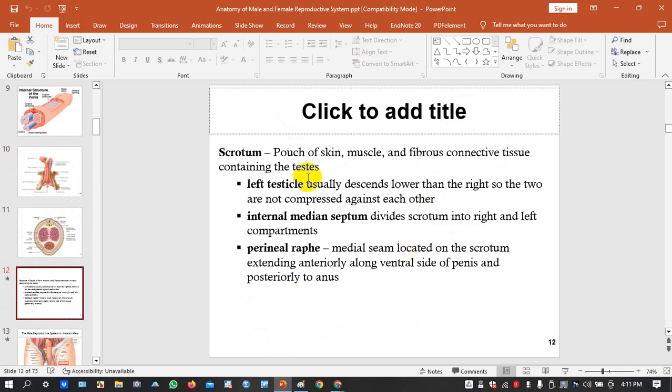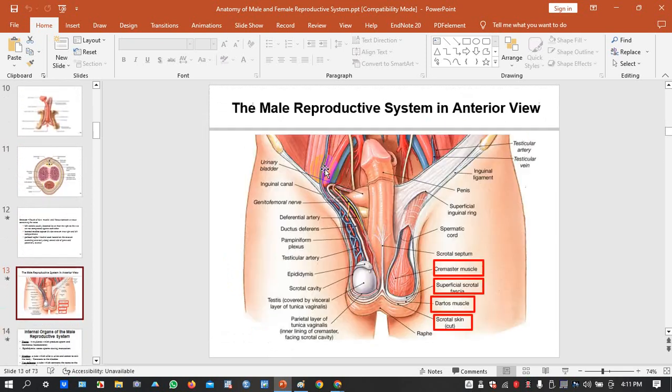The scrotum. Let's see the scrotum. So this is the scrotum. You can see the scrotal skin, the dartos muscle, superficial scrotal fascia, cremaster muscle, and the scrotal septum or division, which separates the two scrotal sacs from each other.